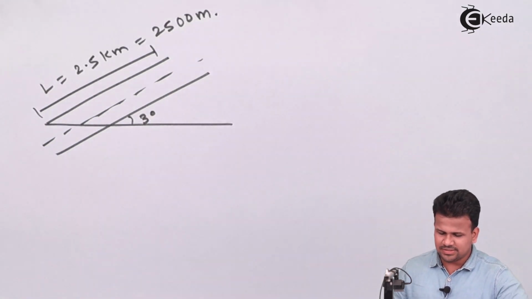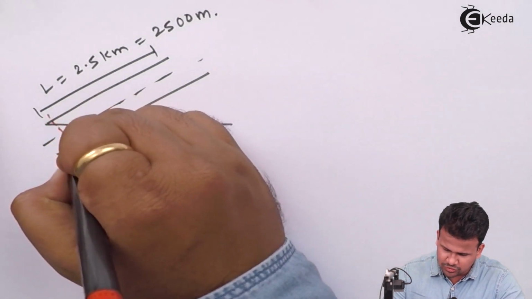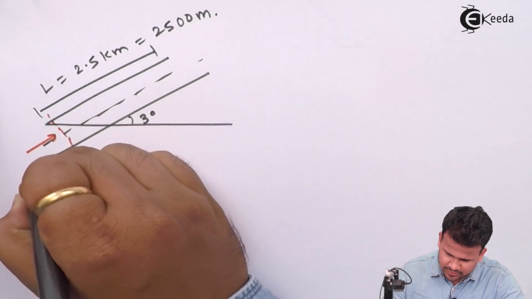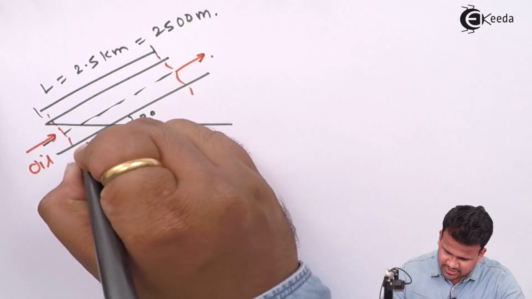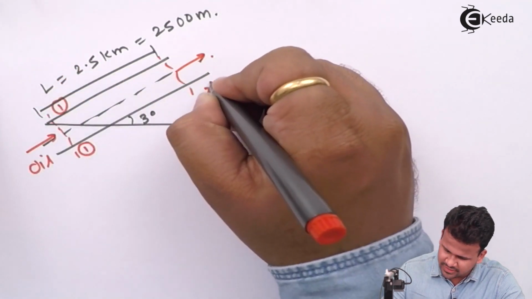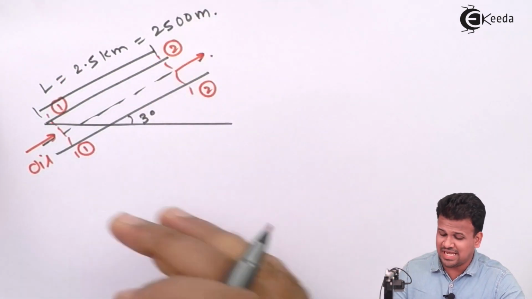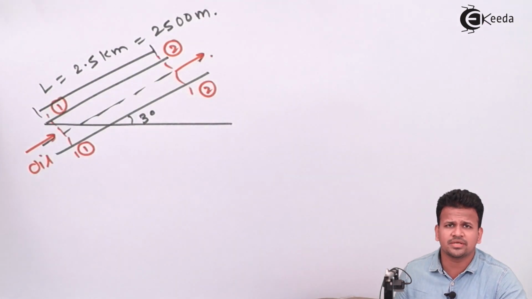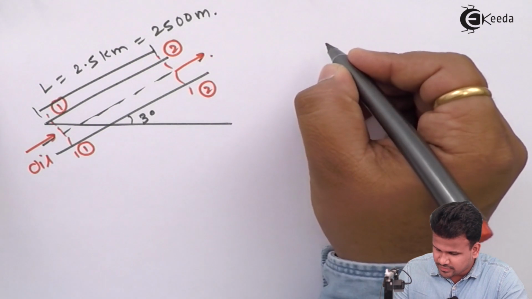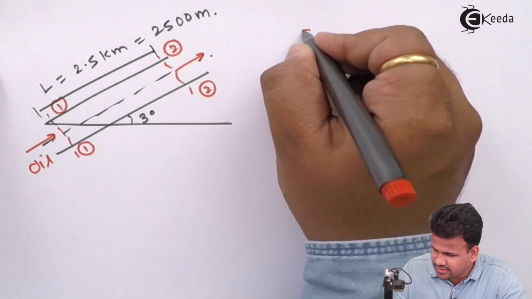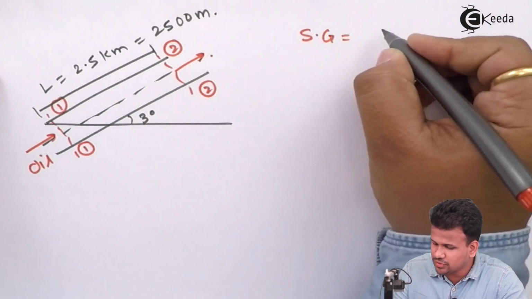Now what else is given to you? What flows through the pipe is oil. Let us consider this as section 1-1, this as section 2-2, which is at a higher level from the initial level 1-1.